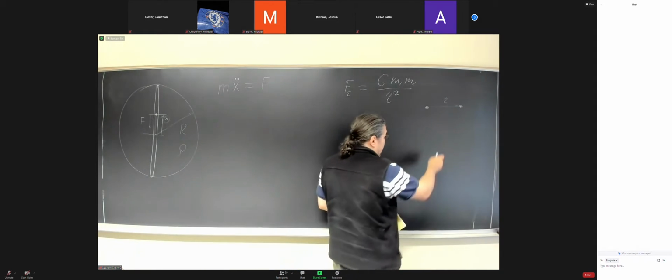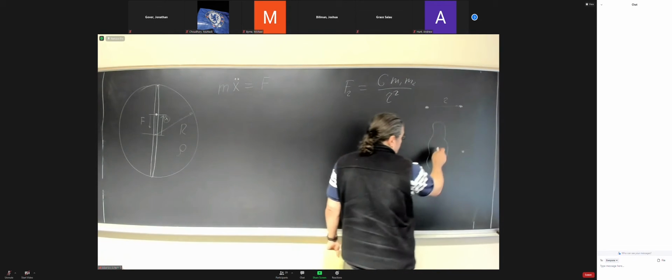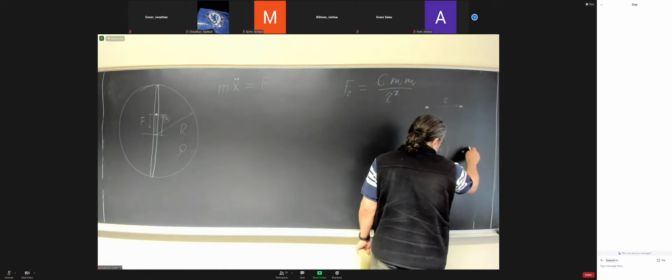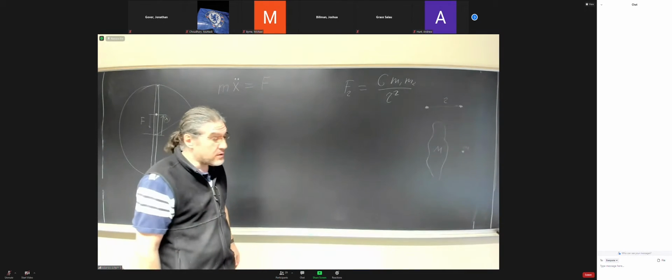Only then. If you have some other object, like some extended object, and a point-like mass, and this object has mass m and some distribution of mass inside it, and this is an object of mass little m, then the force between them will not be given by this formula, because that equation is only for point-like masses.